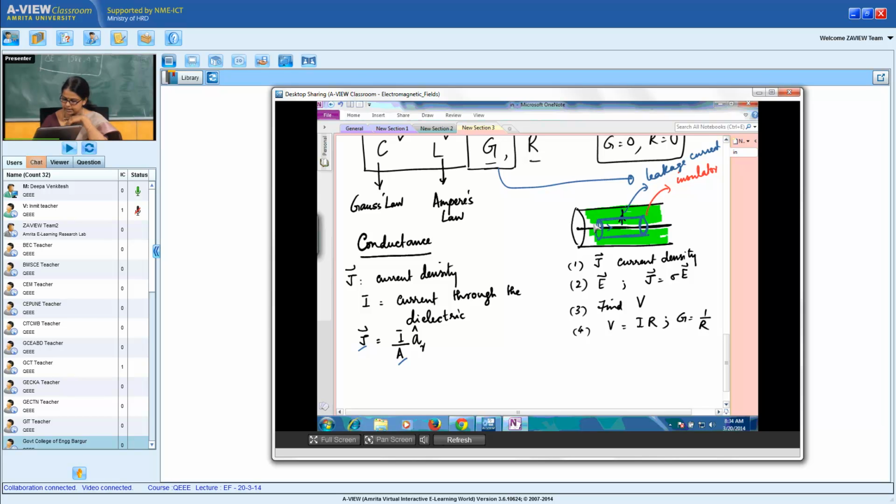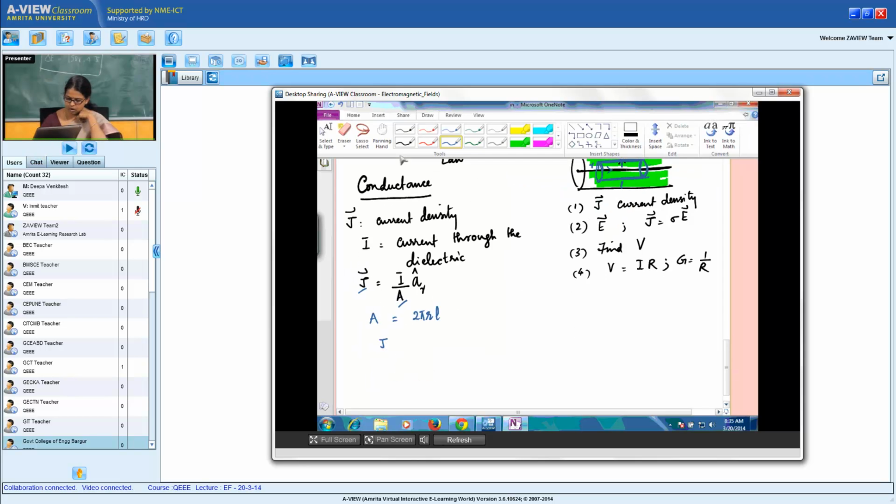Let us say this element is at a distance r from the center, and let the length of the element be L. So my area is nothing but the area of the cylinder surface, because the current is passing only through the curved surface. There is no current through the end faces, no leakage current through the end faces. So the curved surface area is 2 pi r L.